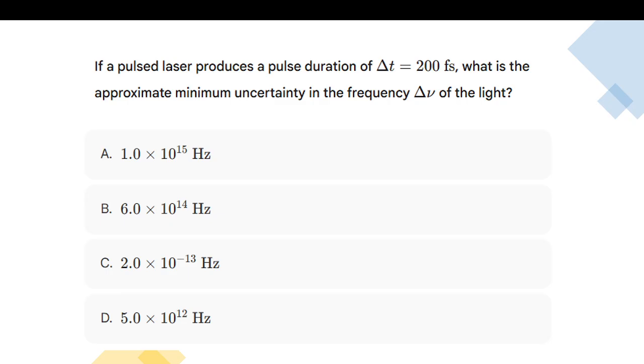Now the next question: if a pulse laser produces a pulse duration of del t equal to 200 femtosecond, what is the approximate minimum uncertainty in the frequency del nu of the light? As we know, del t and del nu should be approximately equal to 1.